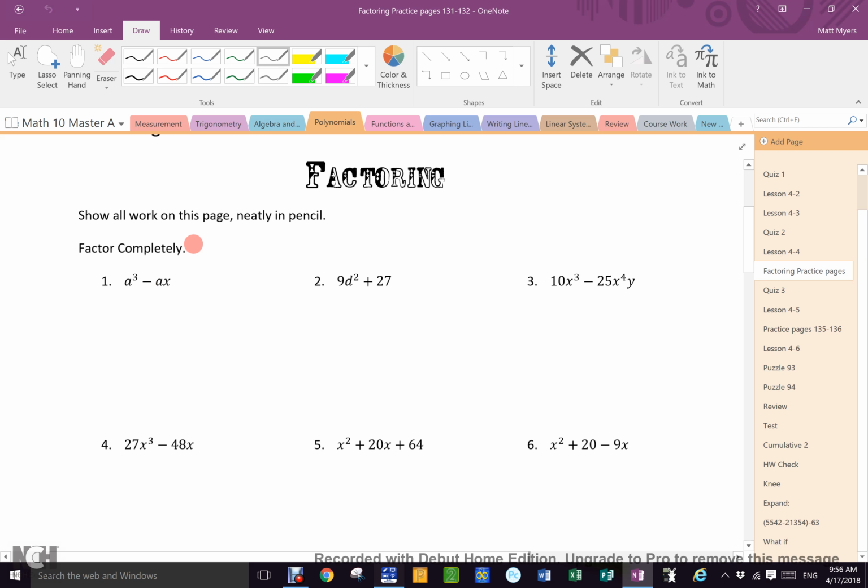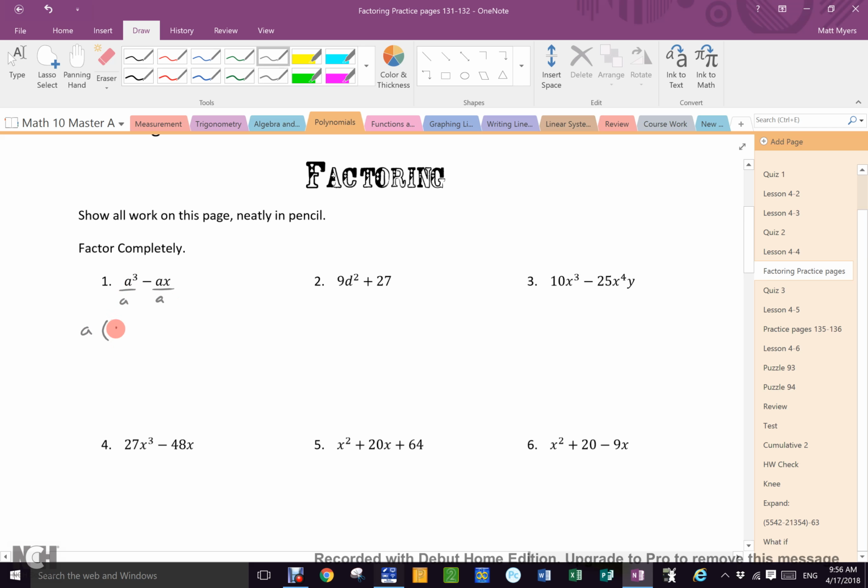All right, so let's look at this first one. Factor completely. Factoring means I'm going to do some dividing. There's only 2 numbers there, so I can't do that multiply 2, add 2 thing, right? So it has to be GCF. What is the GCF? A is in both of them. How many A's? 1. So A goes there.